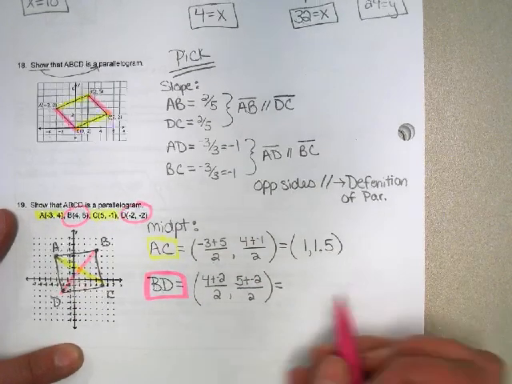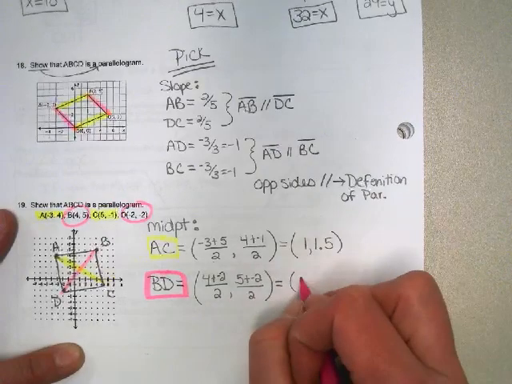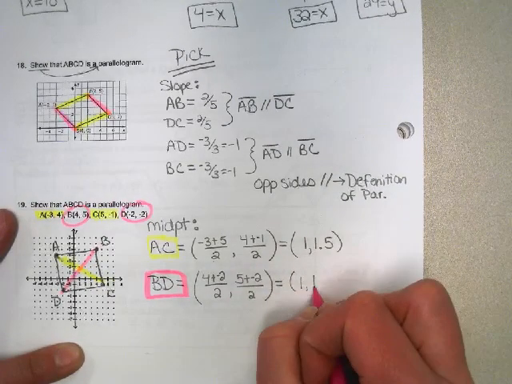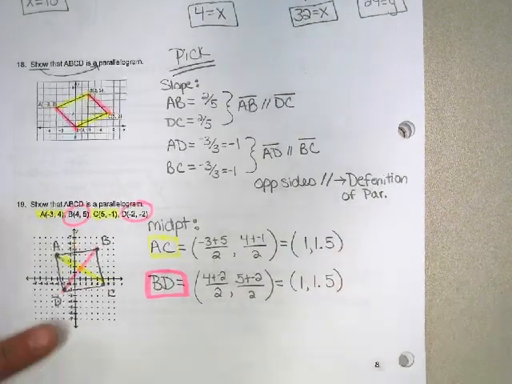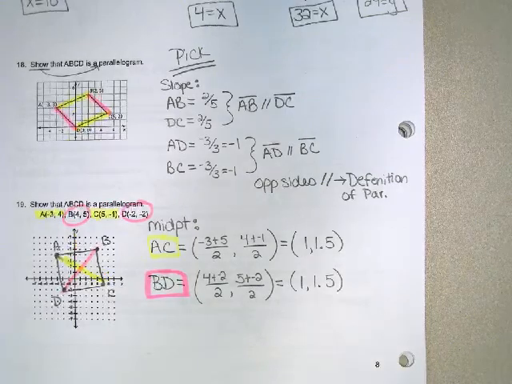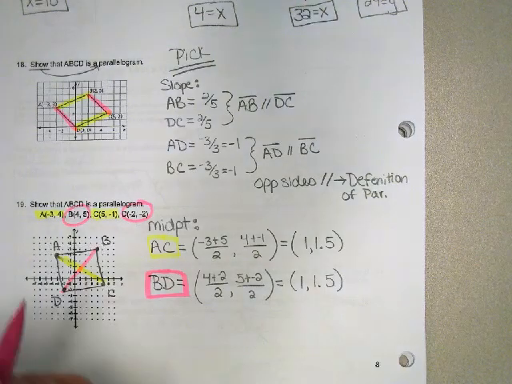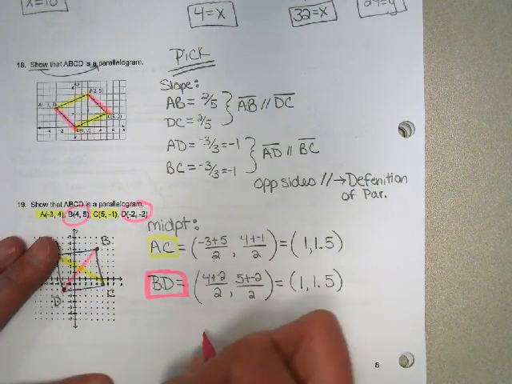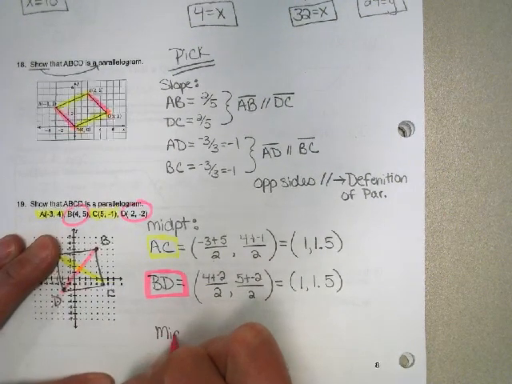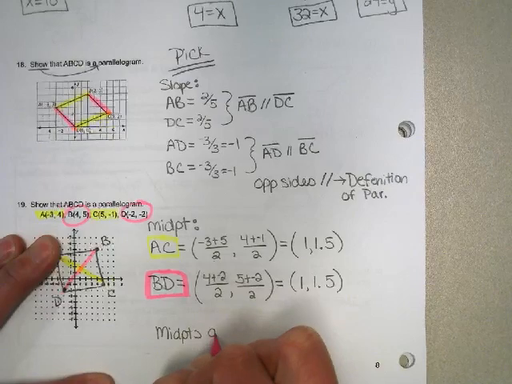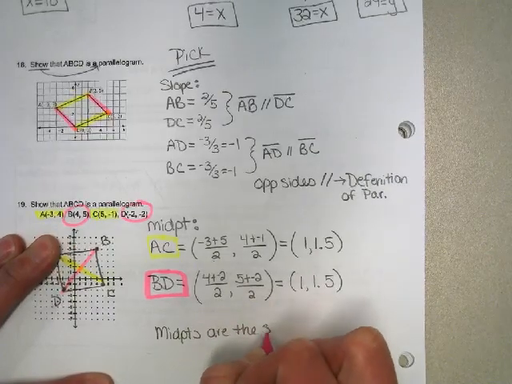All right, I'm going to add my x's together, so 4 and negative 2, and then add my y's together. That's 2 divided by 2, and that's 3 divided by 2. Do you see how my midpoints are the same? So then I'm showing the diagonals converse theorem, okay?